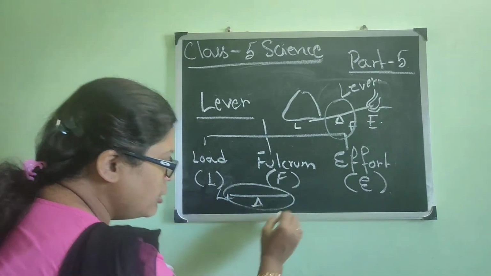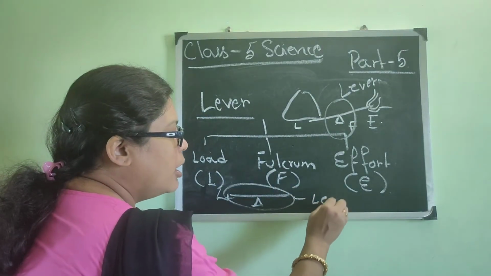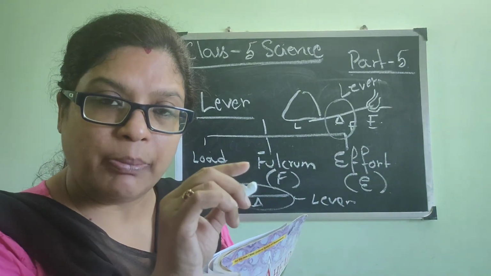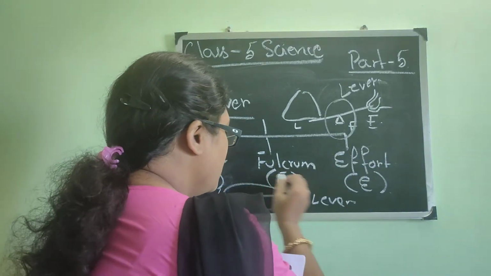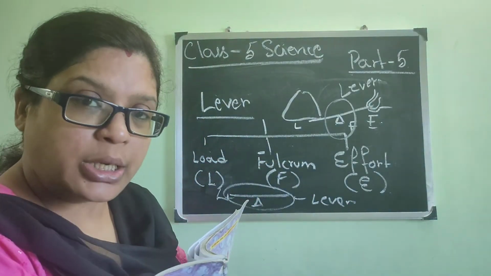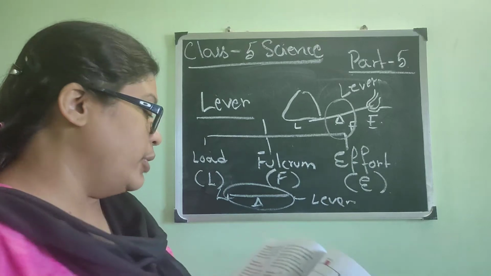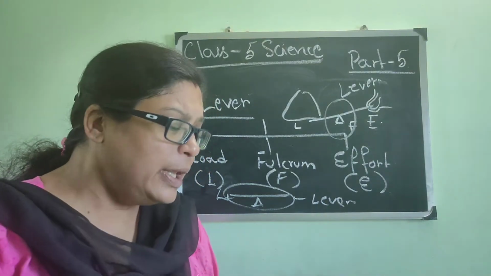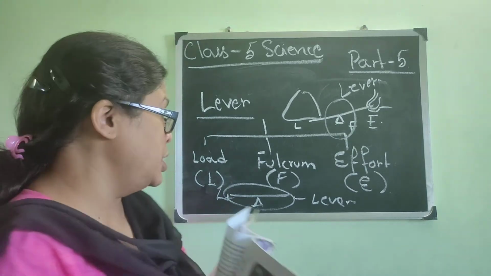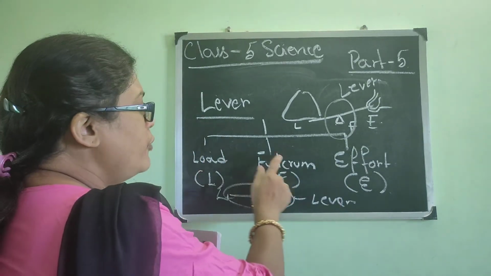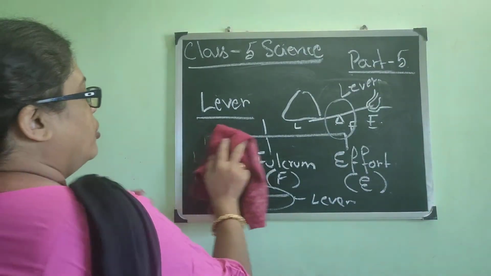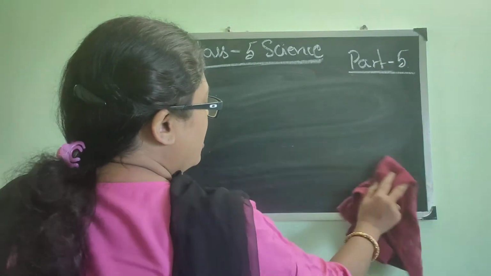This particular system is called a lever. There is a fixed point where the rod will meet and the rod is free to move around that point because there is no obstruction. Now levers are grouped into three different types depending on the position of load, fulcrum and effort. This is what you have to understand before going to the different types of lever.